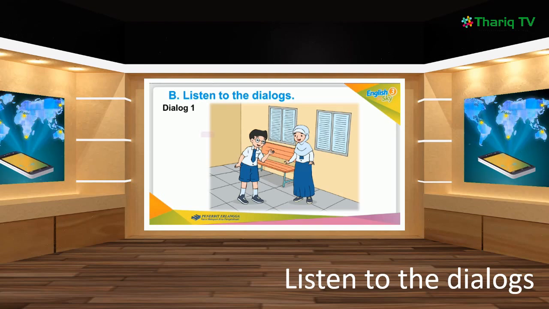Dialogue 1. Do you usually have breakfast before you go to school? Yes, I do. What do you usually have? Usually, I have rice and fried tempeh or porridge. Do you prepare the breakfast yourself? No, my mother does it.